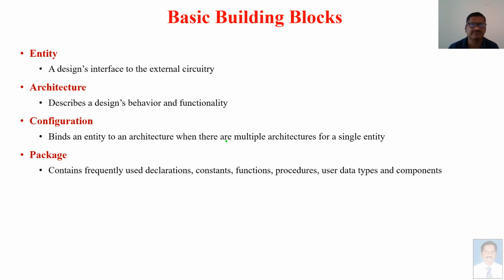It consists of the entity, the designer's interface to the external circuitry, just like input and output ports. Architecture describes the design's behavior and functionality, meaning the internal architecture of the proposed system. Configuration binds an entity to an architecture where there are multiple architectures for a single entity.